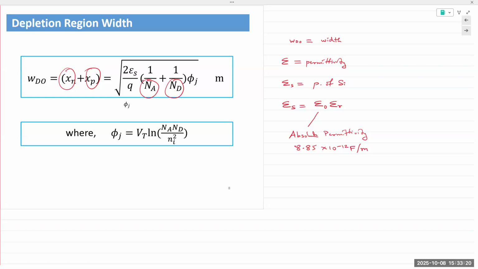So our dosage to this present day, we still specify in per centimeter square or per centimeter cube. So in the book, the constant is labeled as farads per centimeter. It's 10 raised to minus 14 farads per centimeter.